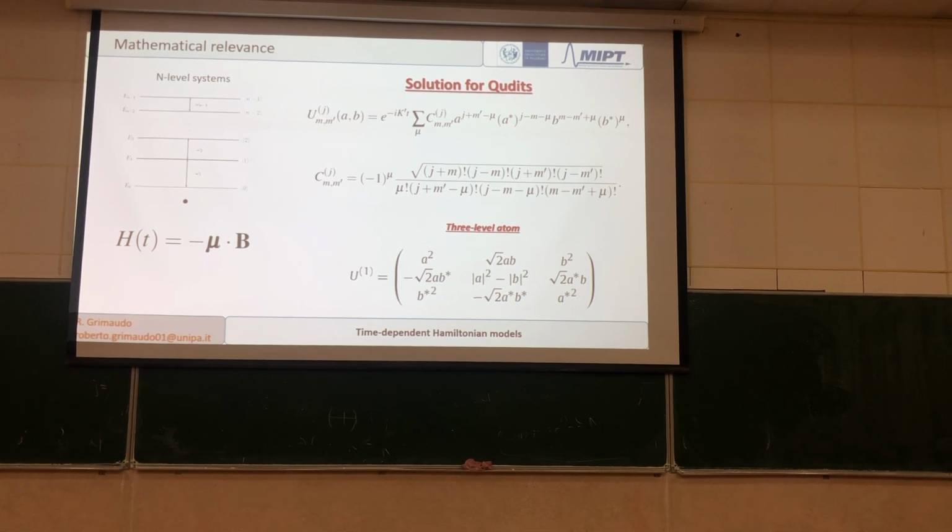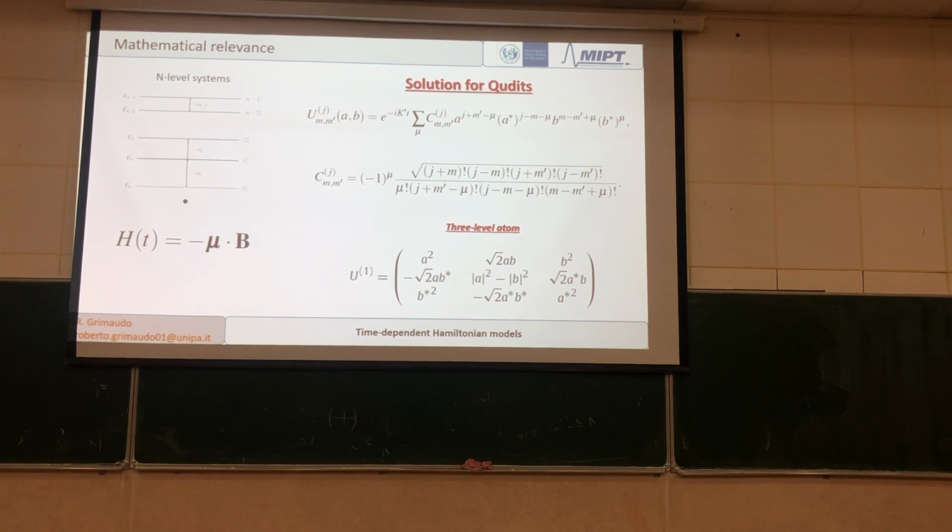That is, these A and B are the solutions that we can find by solving the two-level problem. So what does it mean? It means that if we want to solve such a dynamical problem for an n-level system, a spin J subjected to a time-dependent magnetic field, it is sufficient to find the solution of the two-level dynamical problem. So when we solve the two-level problem, we solve the same problem, but for a generic n-level system.